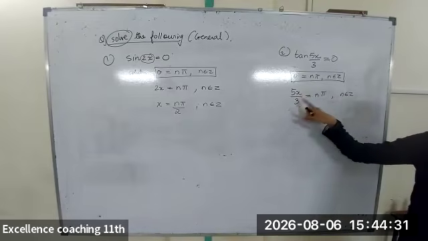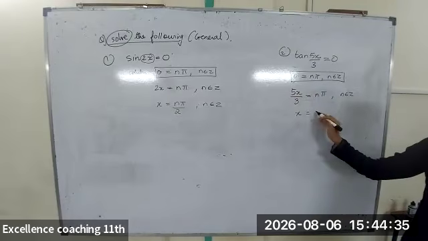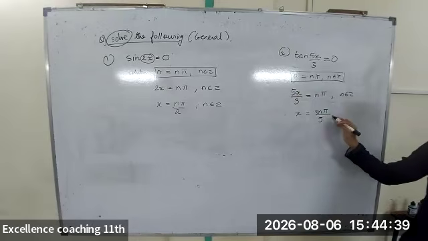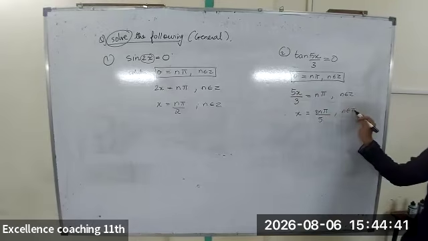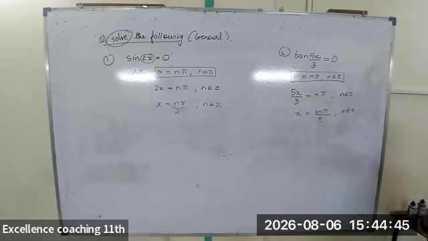So the denominator will go up here, the numerator will go to the other side. Square is there, don't worry. Square you take on the other side, it will become root of 0, which will be 0.